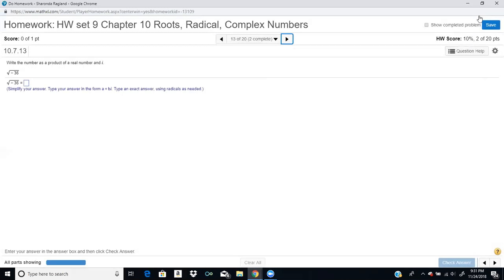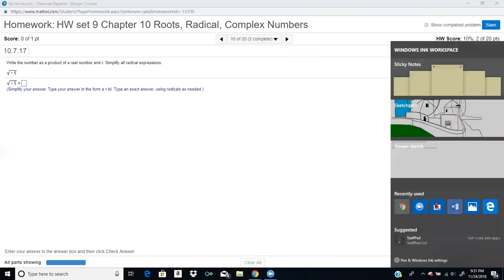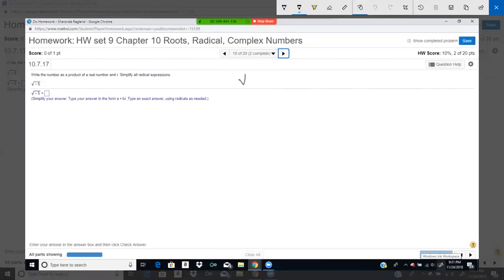All right, so we're dealing with that. You know how to deal with that. Now here, we dealt with this in the warm-up. When you have the square root of -5, well, 5 is simplified. You can't do anything with it, but i will come outside. So we're still going to have the square root of 5, and then you'll have i on the outside.